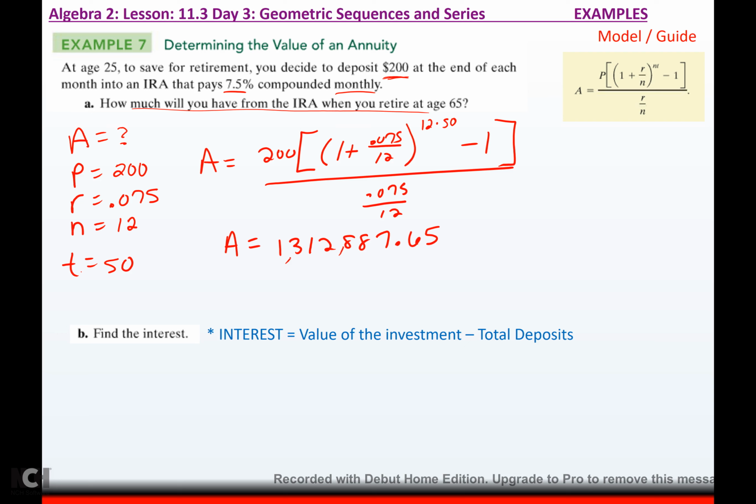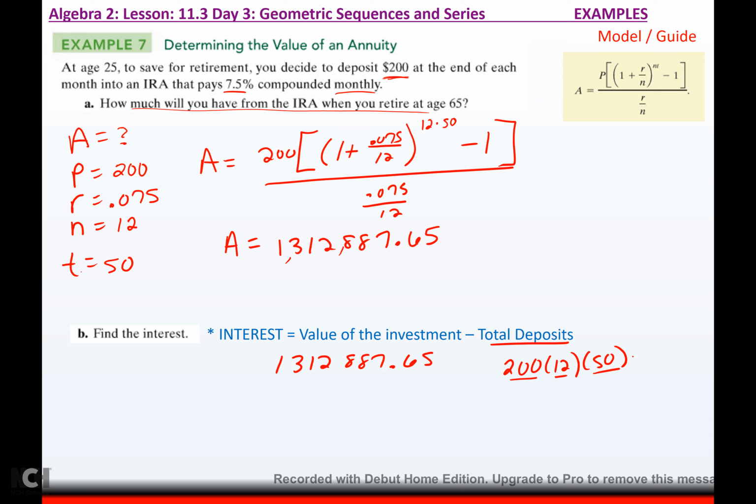The interest is going to be the value of the investment minus the total deposits. So the value of my total investment is $1,312,887.65. My total deposits are $200 every month for 50 years. So you're doing 200 12 times a year for 50 years.